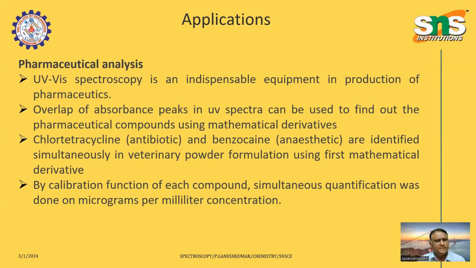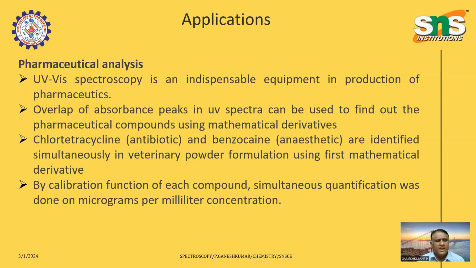Pharmaceutical analysis. In pharmaceutical analysis, as I explained before, the overlap of absorption peaks in the UV spectrum can be used to find pharmaceutical compounds using mathematical derivatives.